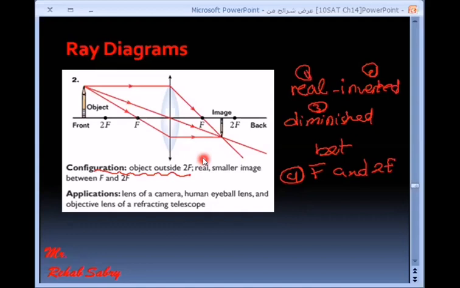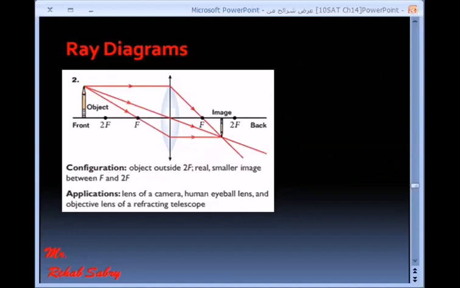This case can be explained quickly as follows. Number one, we make this line with F and F, and put the object here.